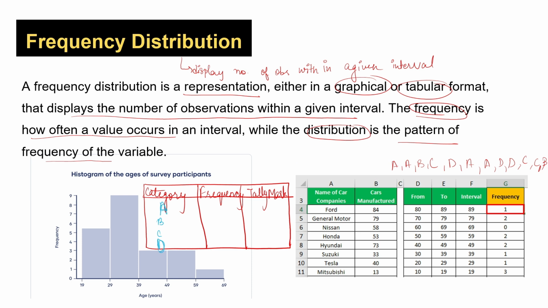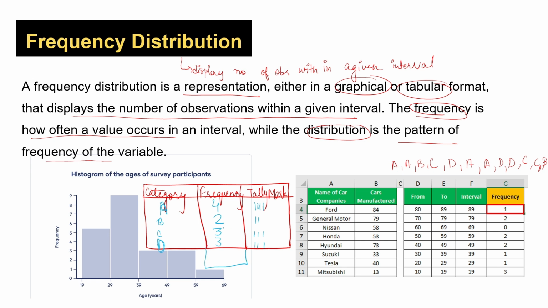So frequency is how many times a value occurs in the interval. So we will count A first. We have 1, 2, 3, 4, 4 A's. B we have 2, C we have 3, and D also we have 3. So this will be 4, 2, 3 and 3. Now if we add all of the frequencies, we will get the total number of observations.